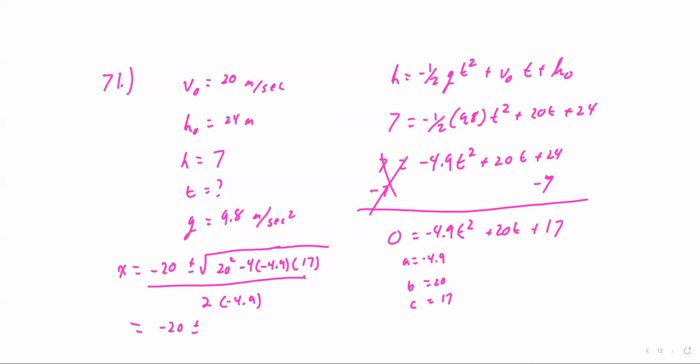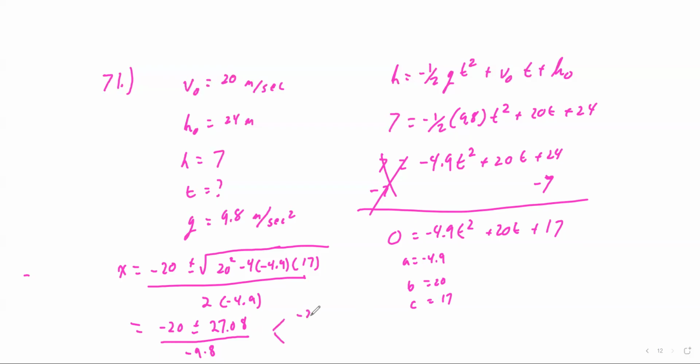Roughly, it's roughly 27.08 divided by 2 times 4.9, it would be almost 10, so that's 9.8. So that should be negative 9.8. Give or take.